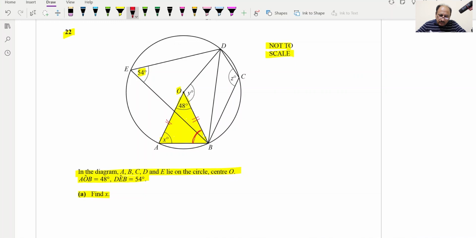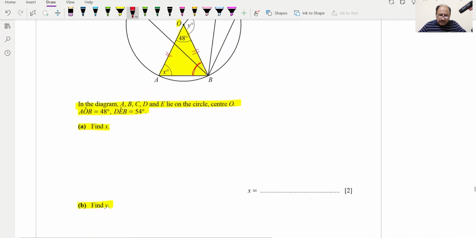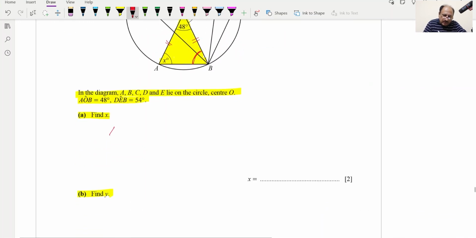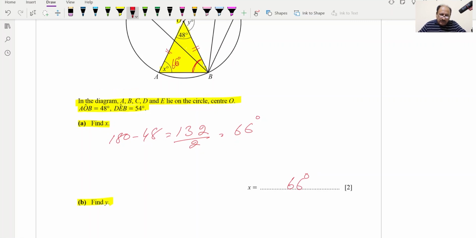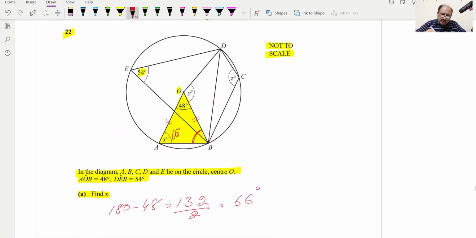One angle is 48, so for the remaining angles we take 180 minus 48, which is equal to 132, and divided by 2 we get 66 degrees. So the X value is 66 degrees.